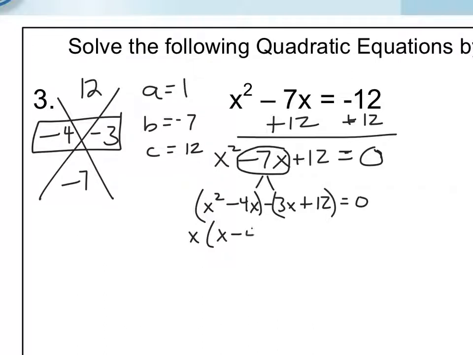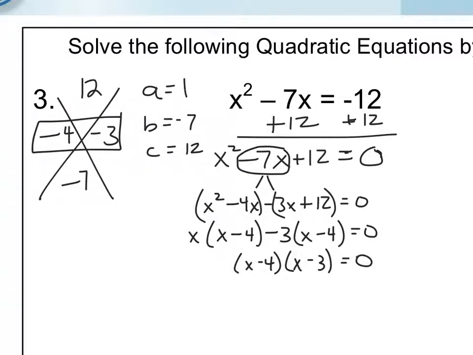Left with an x minus 4. Biggest number that goes into 3 and 12 is 3. Take out a negative 3, so I've got an x there. Positive 12 divided by negative 3 is negative 4. So I have an x minus 4 in common. x minus 3 outside the parentheses equal to 0.